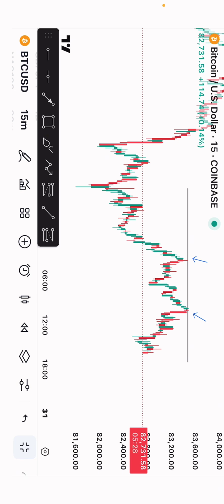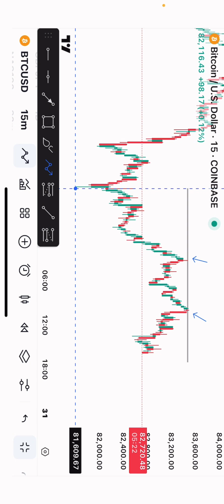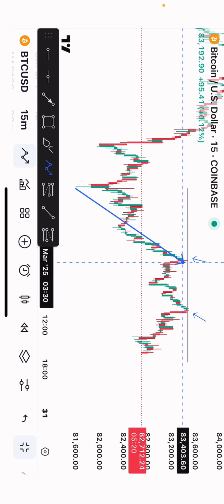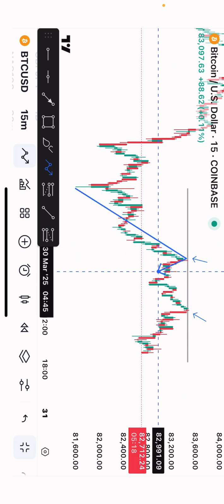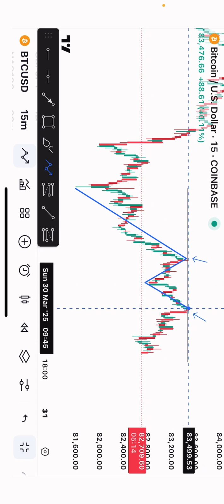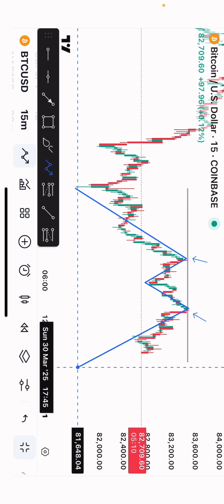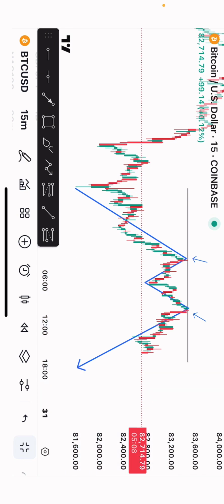You will see the screenshot. I'll provide the screenshot. So at the end of the day, how the market has to move is like this. It's gonna move like this, like this, like this, and then lastly you see it moving like this. But you have to understand that it's not gonna move in a straight line. You can see how it's moving.